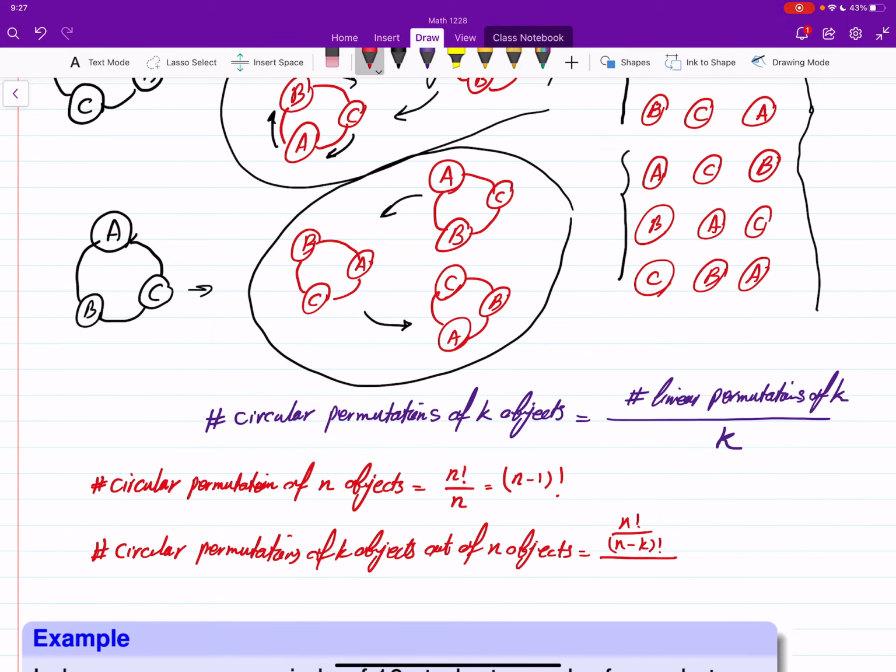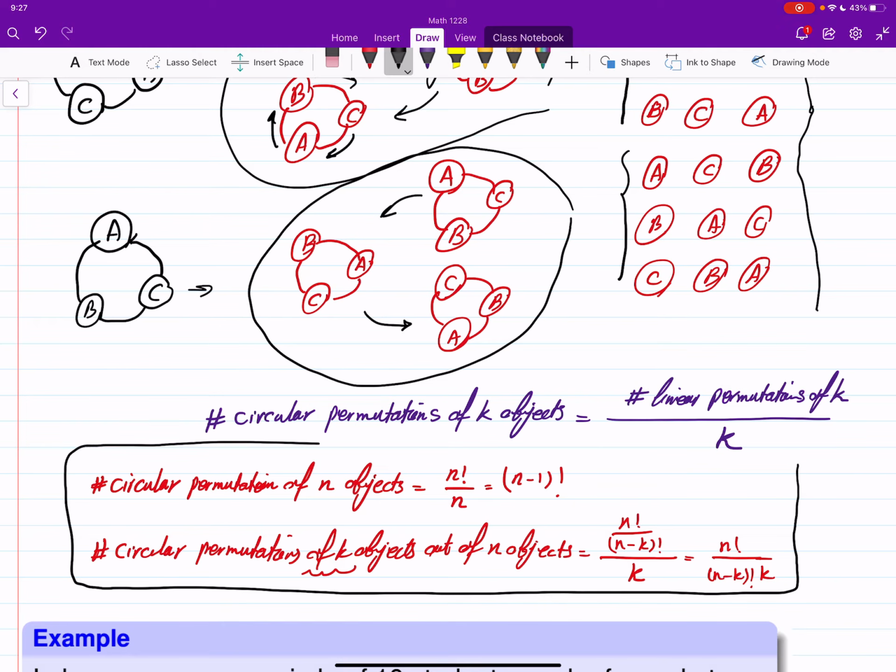Then divide this by the number of objects on the circle, which is k. So that will give me n factorial over n minus k factorial, divided by k. It's not divided by k factorial, so you should be careful there. These 2 formulas you should keep in mind and use when the time comes.